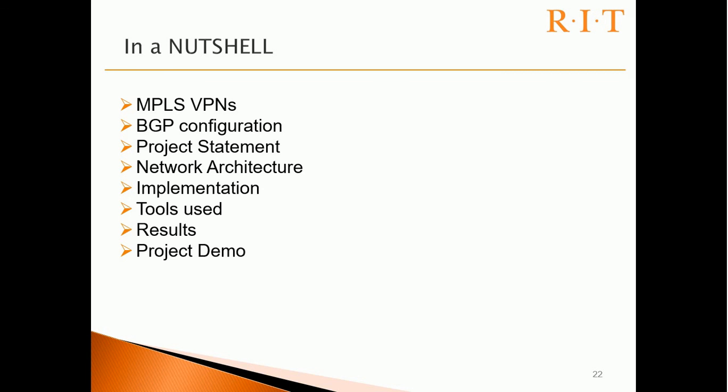The network architecture is shown and explained, and how it was implemented, the commands used, and the architecture of the whole network in the GNS3 platform was also shown. The tools used were discussed, and the advantages associated with each tool were also discussed. The results were put up, and the project demo comes along with the results.